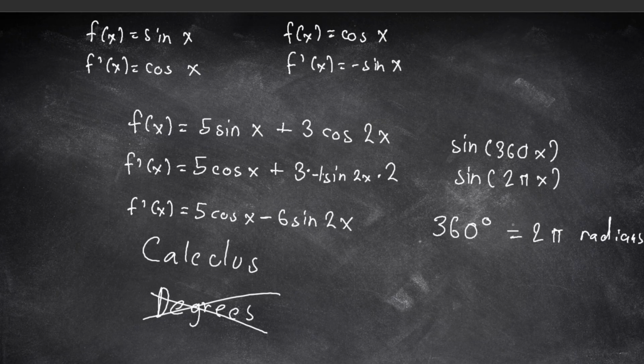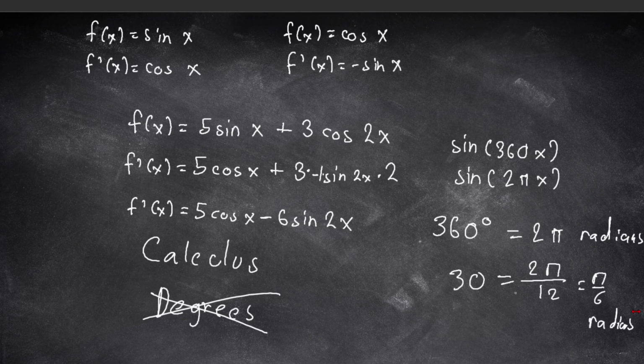And if you ever want to find any other degrees, you just need to use this conversion. So let's say you want to find 30 degrees. How do you get from 360 to 30? Well, you need to divide by 12. That means 2 pi divided by 12 is pi over 6 radians.